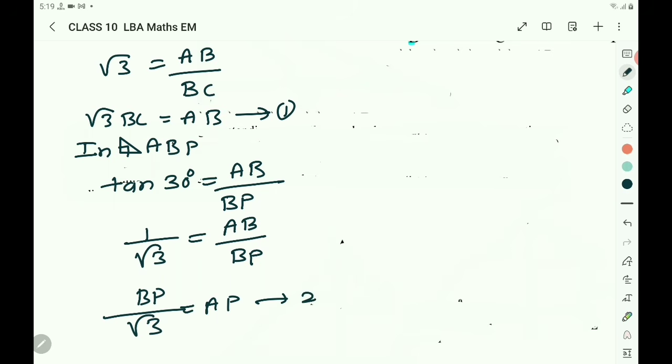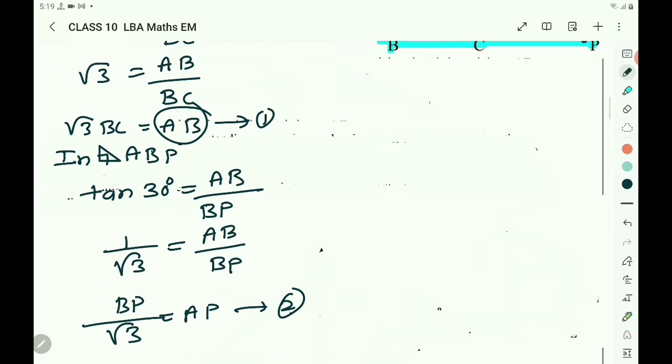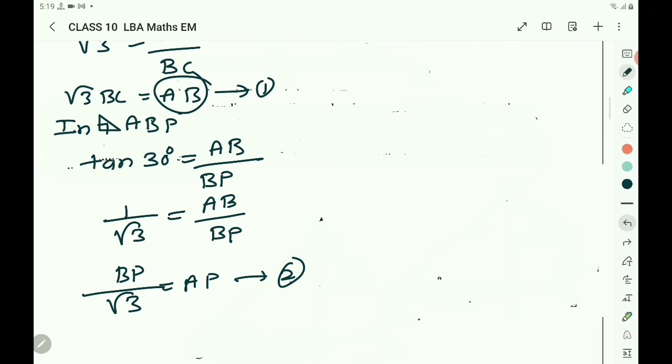Consider it as second. Now from first and second, observe here AB is equal to root 3 BC, and this is also AB: AB is equal to BP by root 3.